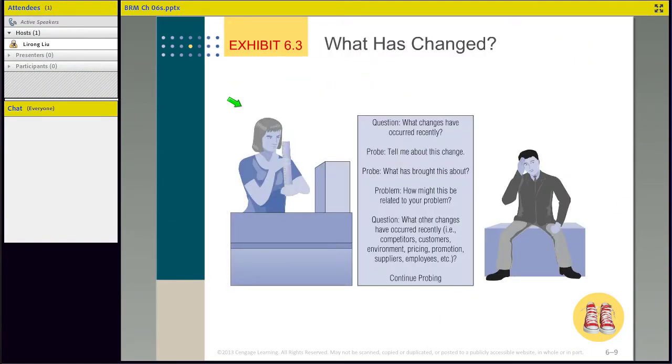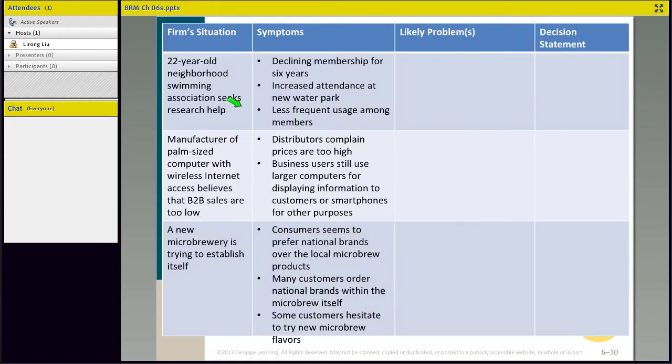All right, so here's kind of an example to show you how you can probe the interviewer for what's going on. But let's look at this example.